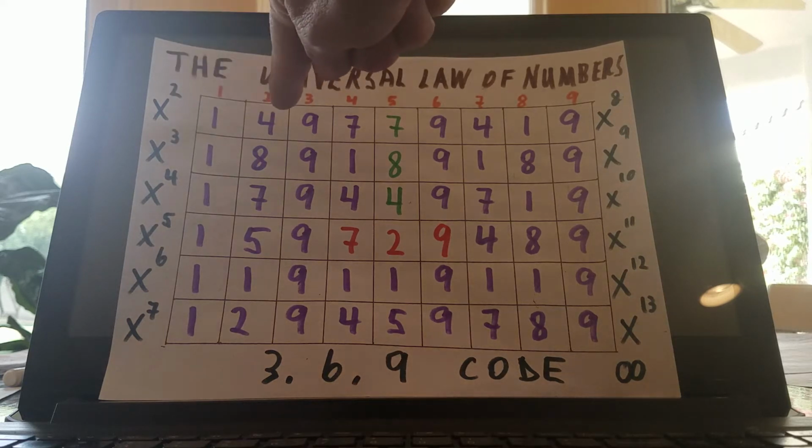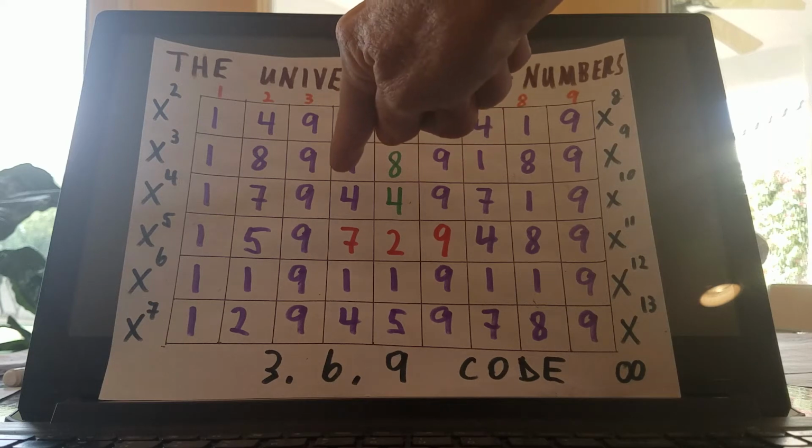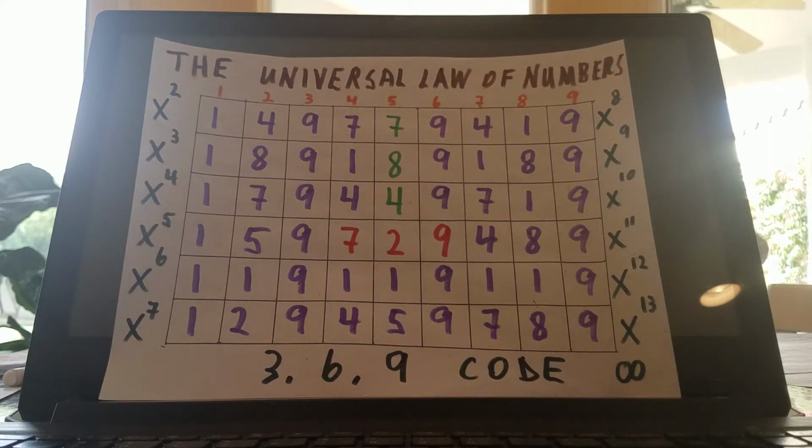If we go 1 times 4 is 4, 1 times 7 is 7, 1 times 1 is 1, well, that's the 147 code.